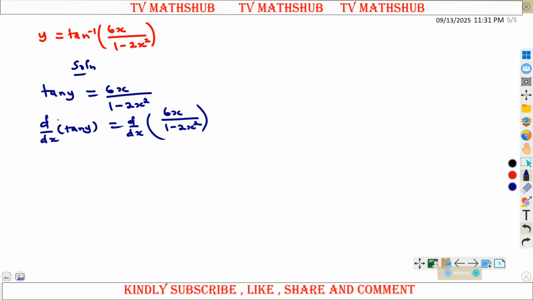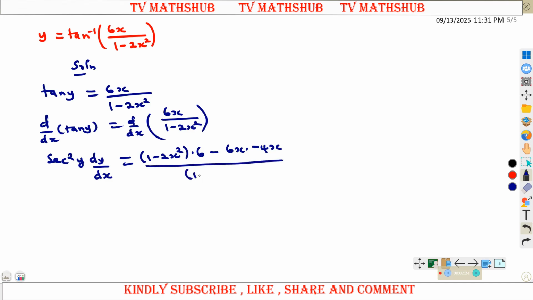When you differentiate tan of y, you get sec squared y, but because you are differentiating a function of y with respect to x, we put dy/dx, which is equal to v, which is 1 minus 2x squared, times du/dx, which is differentiating 6x, and that is 6, minus u, which is 6x, times dv/dx, differentiating 1 minus 2x squared, which gives us negative 4x. That is over v squared, 1 minus 2x squared, and again this is squared.